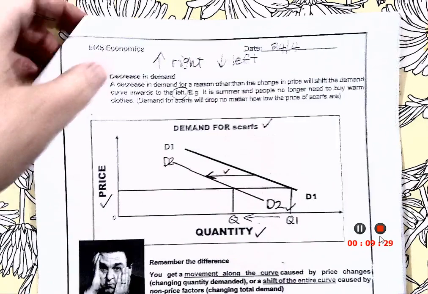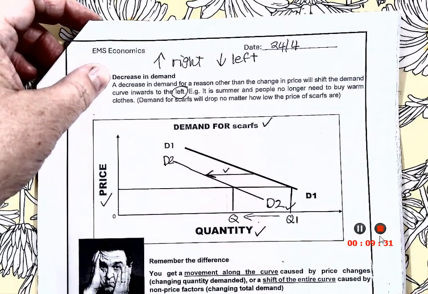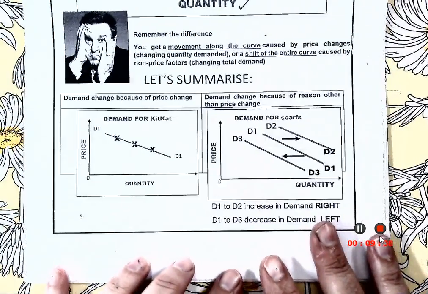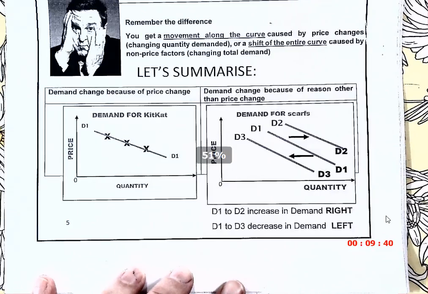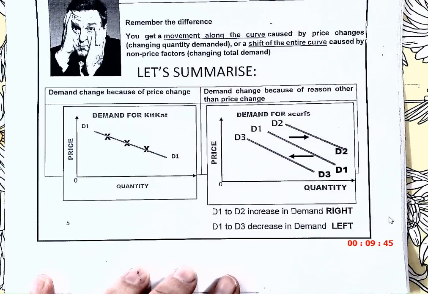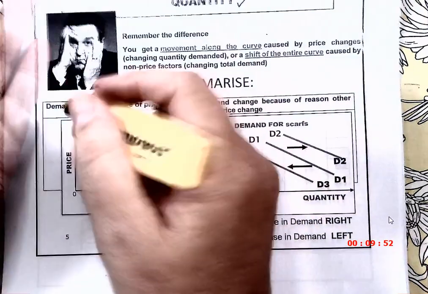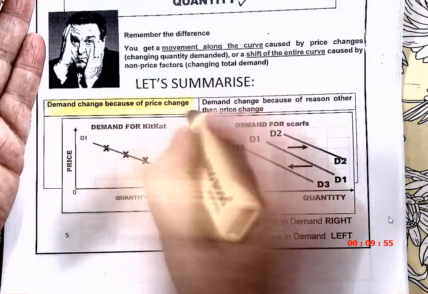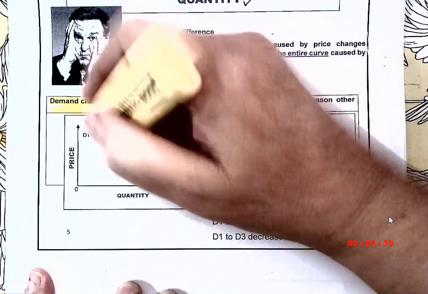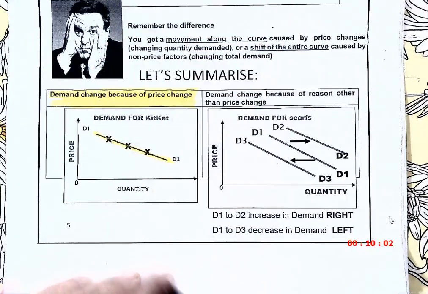I just want to say, I summarized it for you here. Please listen. I know it's a lot of concentration, but you guys can do it. So here, I'm going to say, a demand change because of a change in price will be on the line.